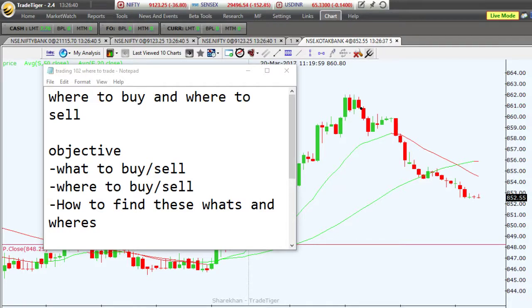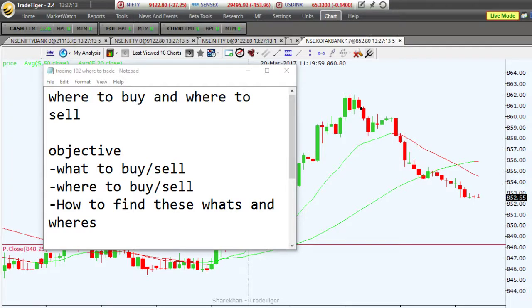There are many things in the market that we can buy or sell: stocks, derivatives, FNOs, and commodities. So we need to think and determine what we will buy and sell. There is a lot of process going on while determining this. So this is the first objective.